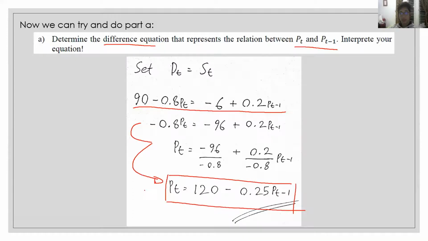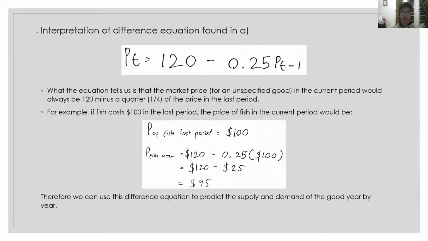So now we can take this difference equation and interpret it. What we can interpret from this difference equation is that the market price for an unspecified good, Pt, in the current period would always be 120 minus a quarter of the price in the last period, a quarter being 1/4 or 0.25, of course. So, for example, let's say Pt is the cost of a fish.